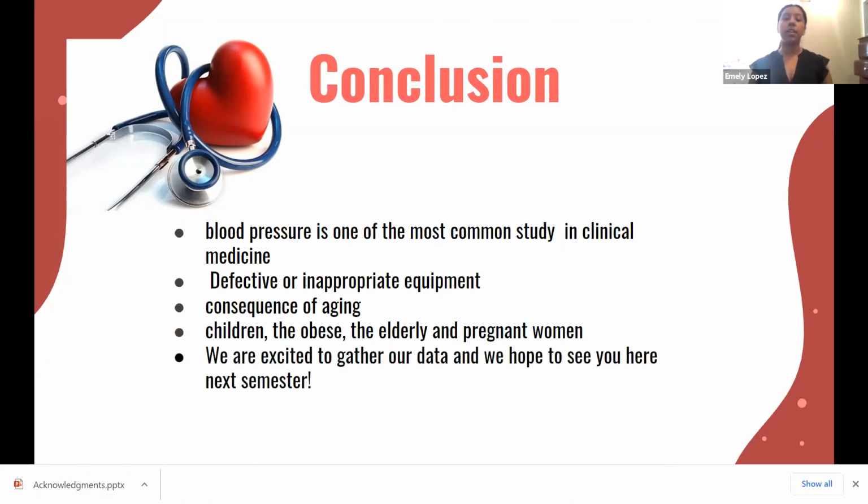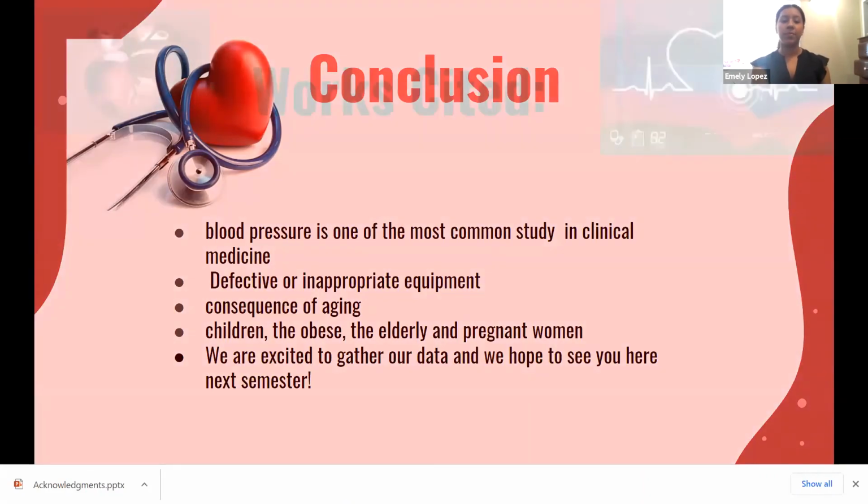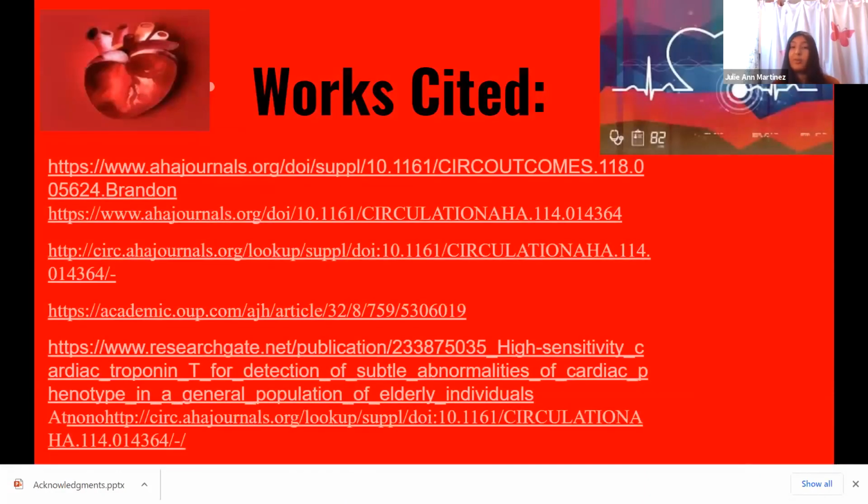We are excited to gather our data, and we hope to see you here next semester.